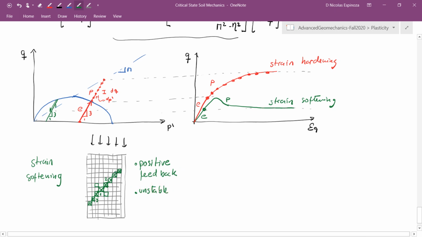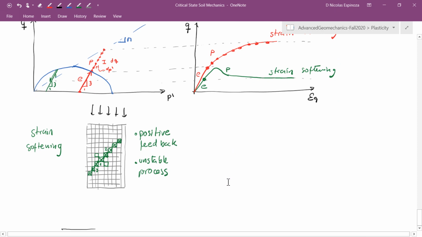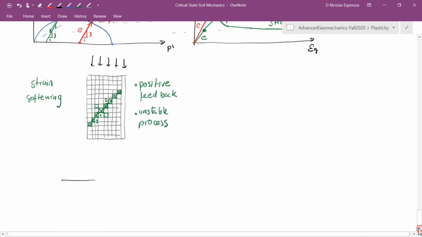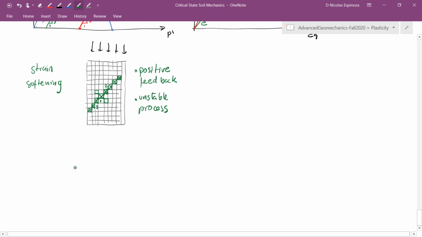So the next grid blocks are going to fail because the first failed before, and this is going to continue, and this is what is going to create a very clean fracture in this material. So strain softening material is going to tend to create, when it fails, a fracture that is very well defined, and in this case will be a fracture in this direction.